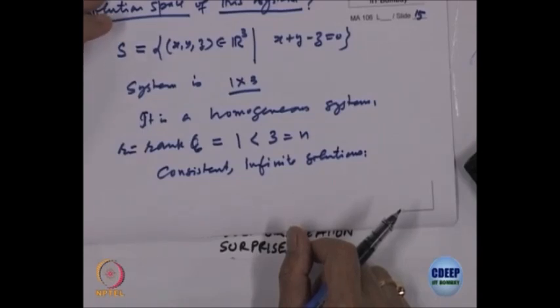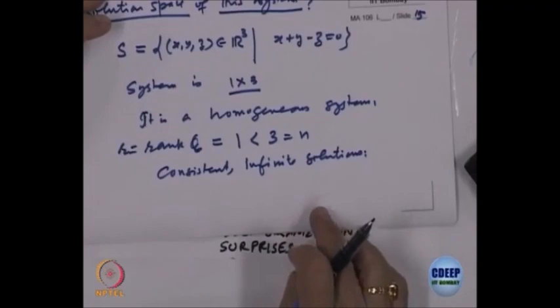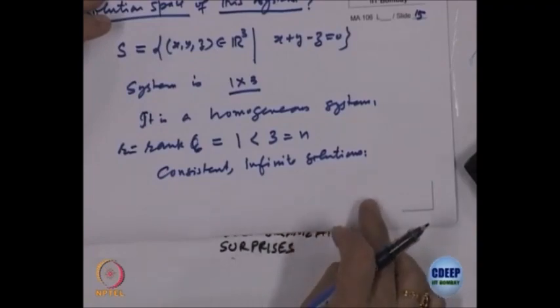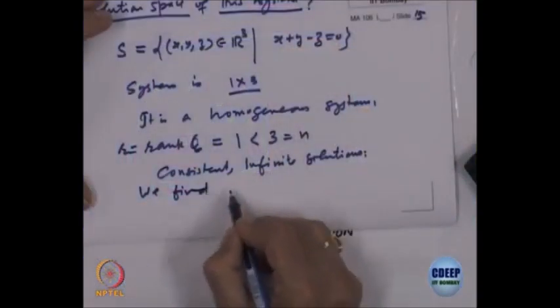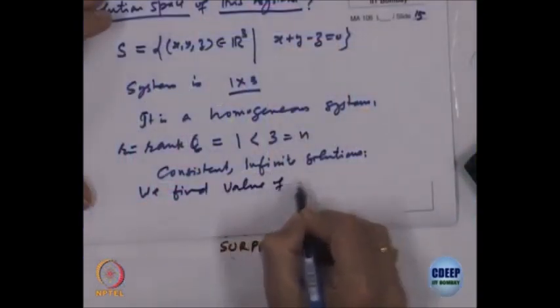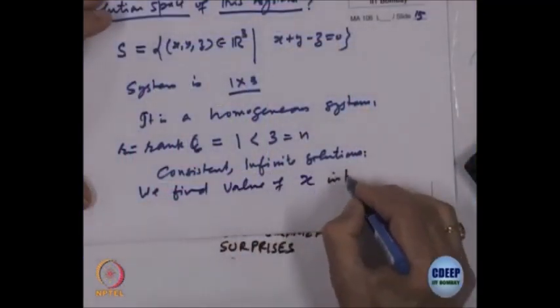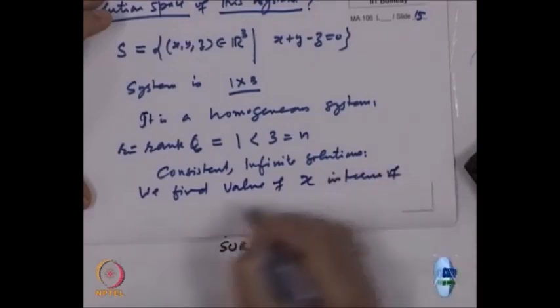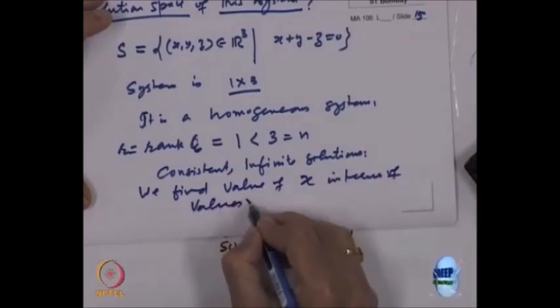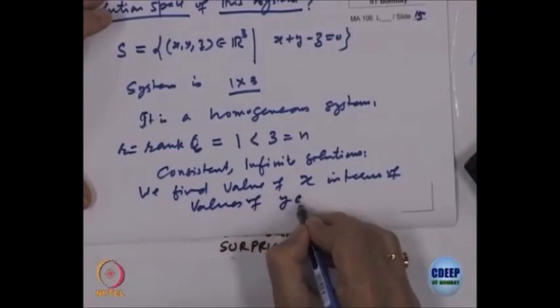Where is the pivotal column? The pivotal variable is x, right, the pivot comes in the very first stage, x. So the value of x should be found in terms of the values of y and z.